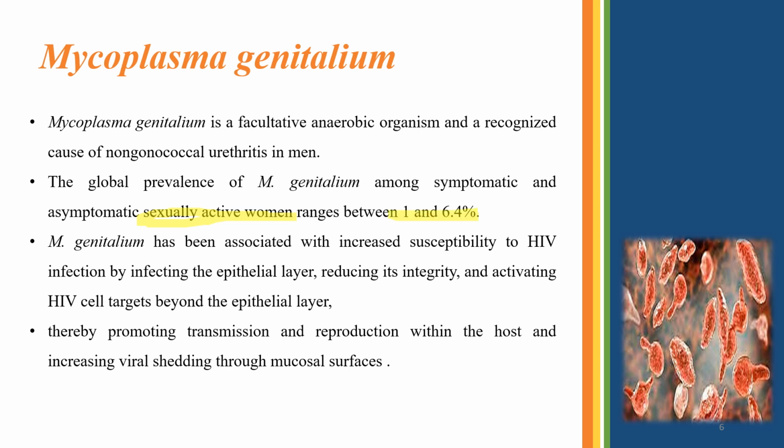M. genitalium has been associated with increased susceptibility to HIV infection by infecting the epithelial layer, reducing its integrity and activating HIV cell targets beyond the epithelial layer, thereby promoting transmission and reproduction within the host and increasing viral shedding through mucosal surfaces.